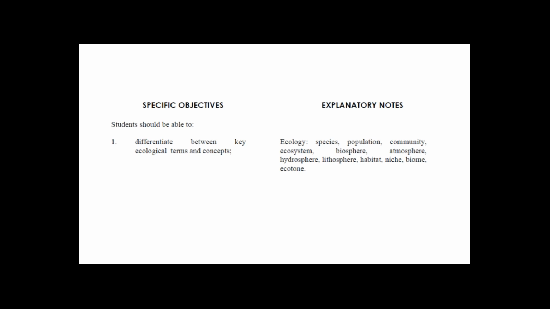So the objective for this class is to differentiate between key ecological terms and concepts. The terms we're going to look at are species, population, community, ecosystem, biosphere, atmosphere, hydrosphere, lithosphere, habitat, niche, biome, and ecotone.